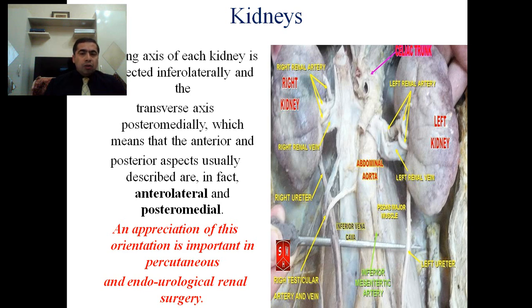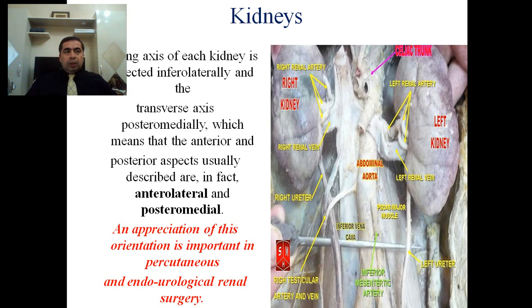The vein is located anteriorly, the artery slightly posteriorly, and behind these two structures, the ureter.